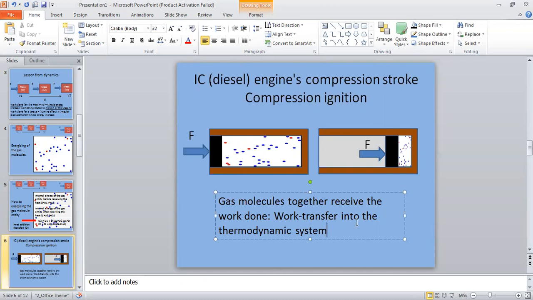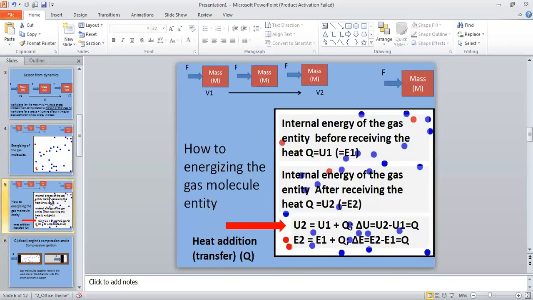In diesel engines, when you compress, the temperature goes very high. That's why when the atomized diesel droplets are added, there can be a further rise of pressure, because of further energizing of the molecules. So work transfer into the system.